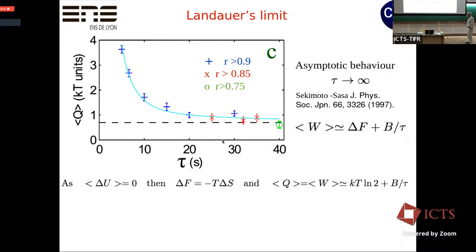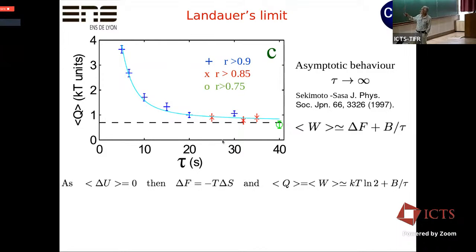The fact is the following: as we said several times, in order to get the free energy you have to do a quasi-static transformation. But of course, you do that in finite time. And the question asked by Sekimoto is, what is the correction if I do the transformation in a time tau which is longer than the relaxation time of the system, but still limited?